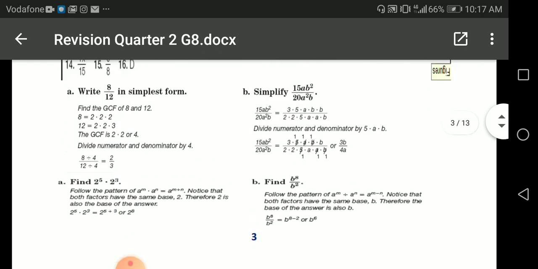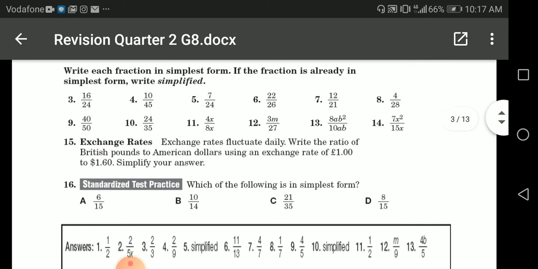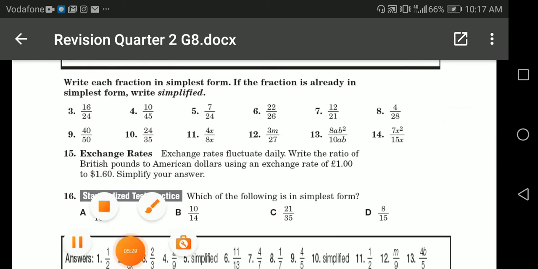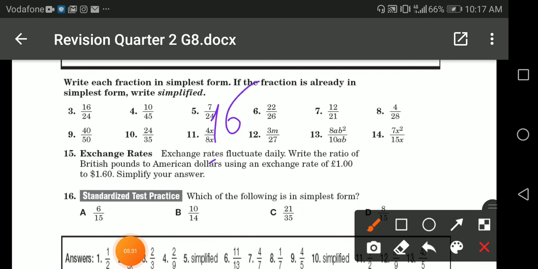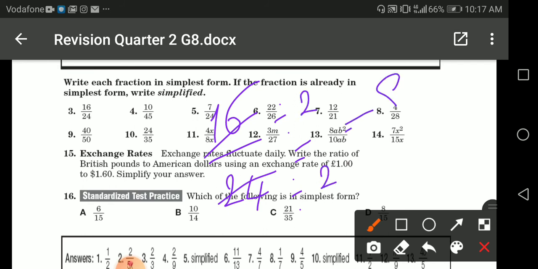The simplest form. If he asks you to write in a simplest form, this is very easy: 16 over 24. What I'm doing here, simplify means divide. 16 and 24, I can say they are in table 2. So divided by 2 gives me 8, divided by 2 gives me 12. Leave it like this, no simplify.